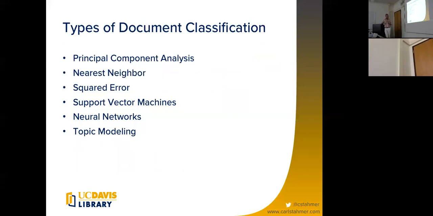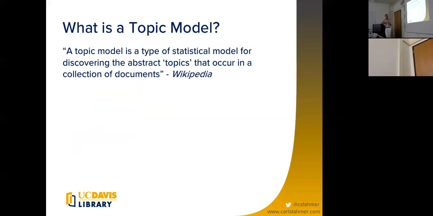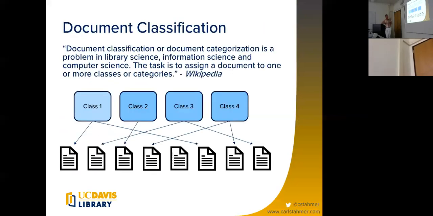It's a particular kind of document classification, and it's a type of statistical model for discovering the abstract topics that occur in a collection of documents. The one thing I want to point out in those two definitions is that document classification is typically defined as the primary task where we have some classes and just want to put the documents in the classes.